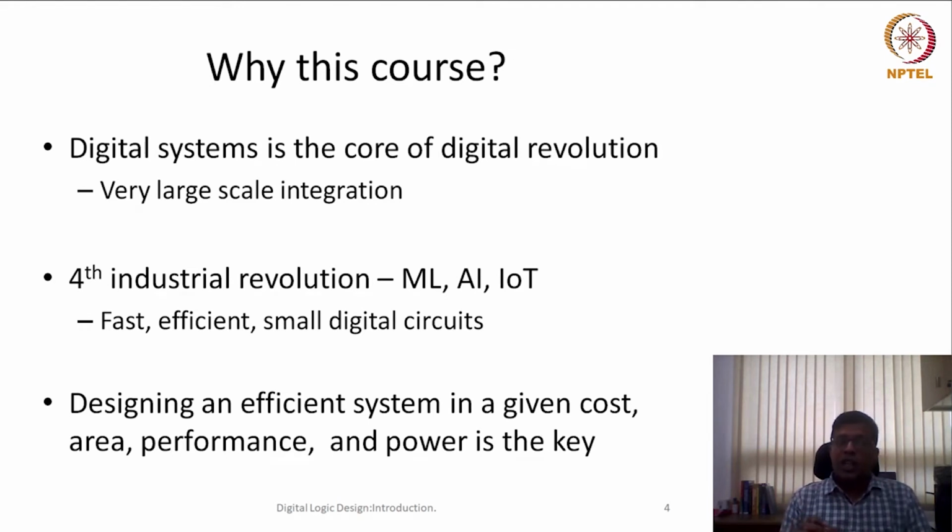And you can see the effect of these three keywords, area, performance and power, in the fourth industrial revolution, which would be led by machine learning, artificial intelligence, Internet of Things. Some of you may know that machine learning is not a new technique. It is a technique we have known for the last 50-60 years, but it became prominent suddenly now.